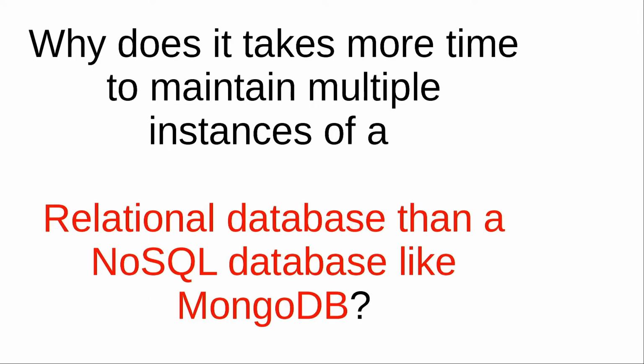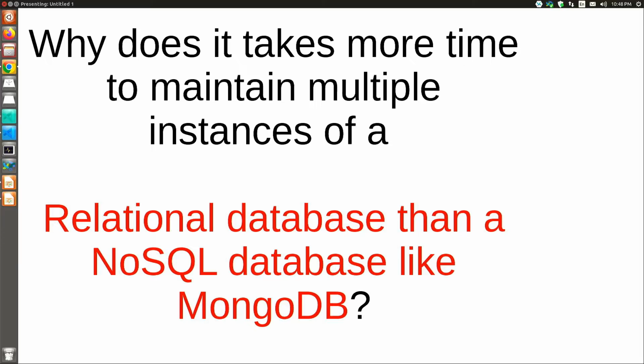Why does it take more time to maintain multiple instances of a relational database than a NoSQL database like MongoDB? So, a relational DBMS mainly promises consistency. When it's spread across multiple instances, it makes you wait until all or at least the majority of instances agree on the final state of the transaction.